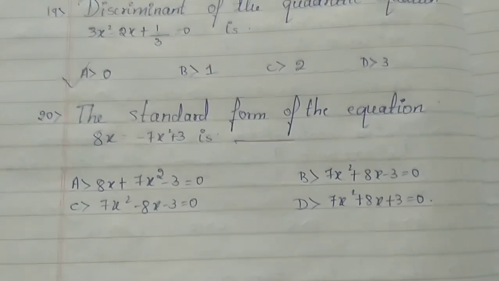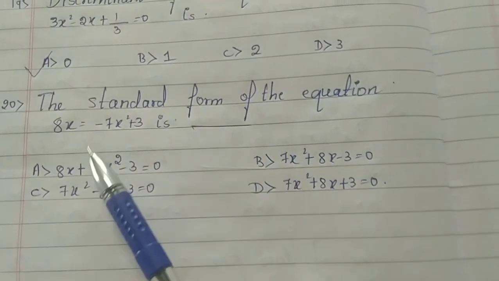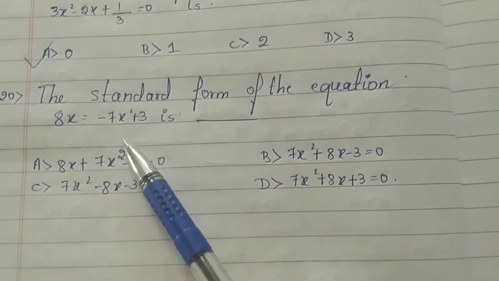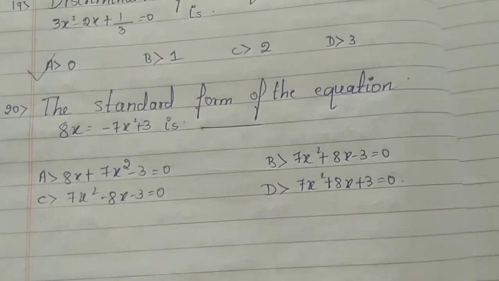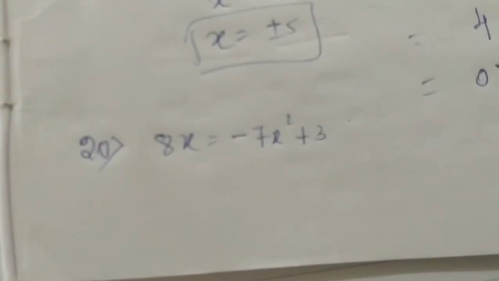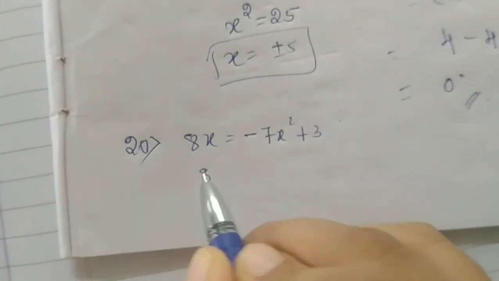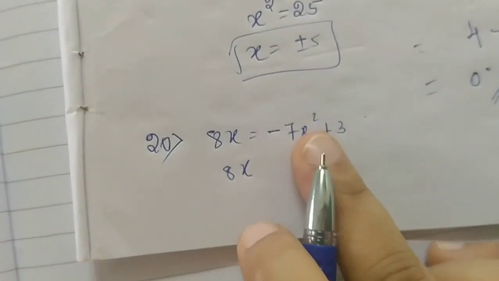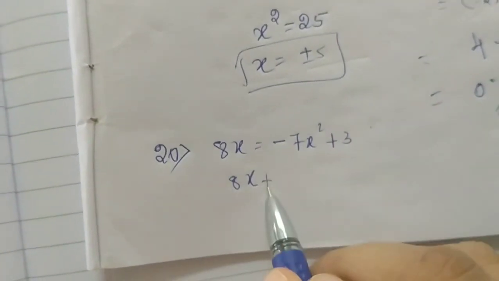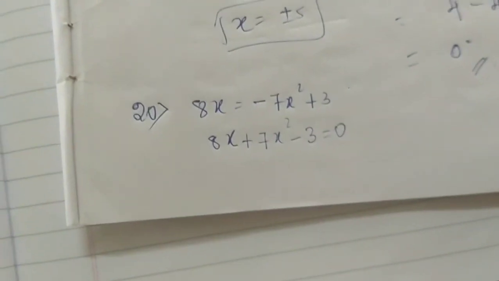Okay, so the next and final question is the standard form of the equation 8x is equal to minus 7x square plus 3. Now for the 20th one, 8x is equal to minus 7x square plus 3 is given, and you have to write this in the standard form. In order to do that, I'll take minus 7x square and plus 3 to this side, and it becomes plus 7x square minus 3 is equal to 0.